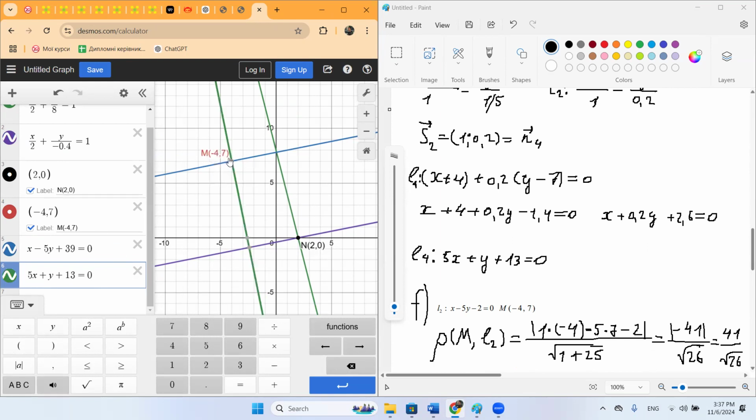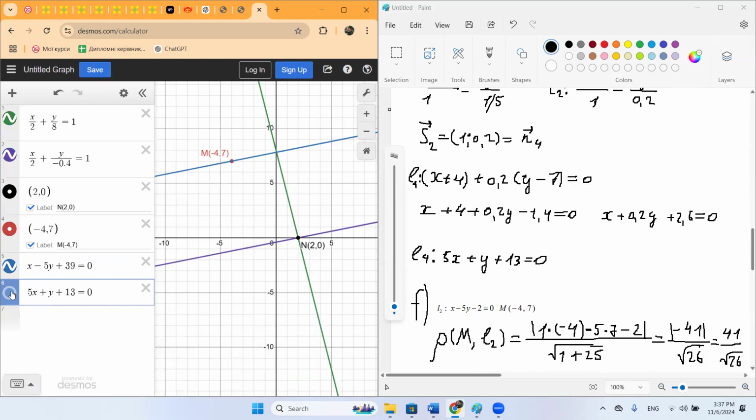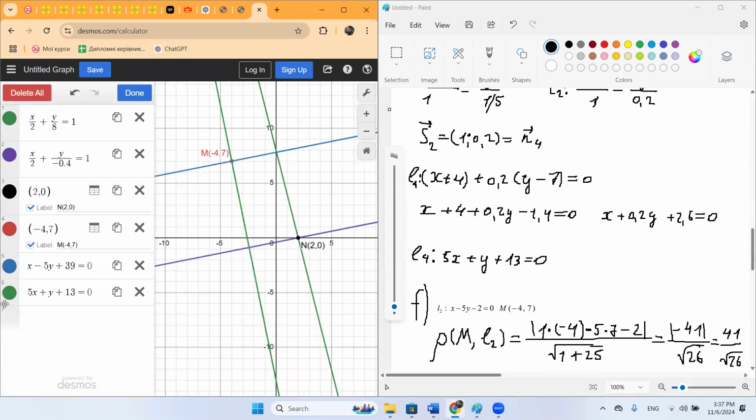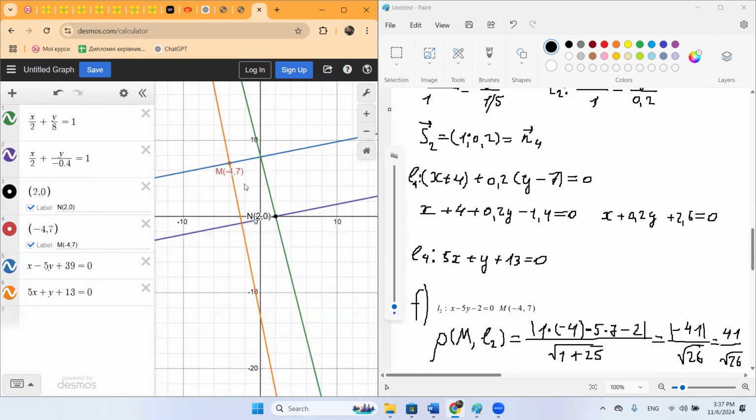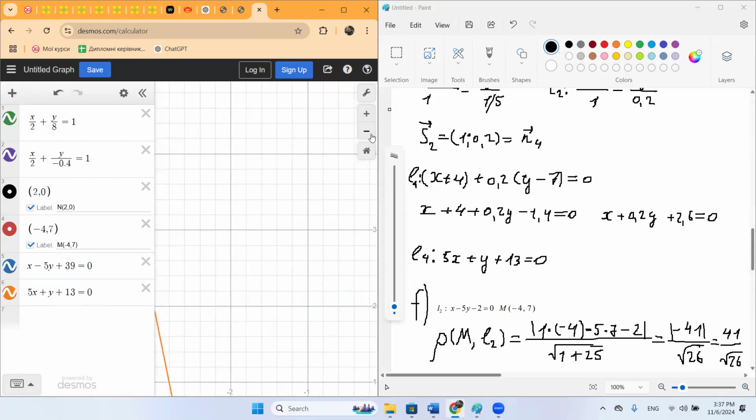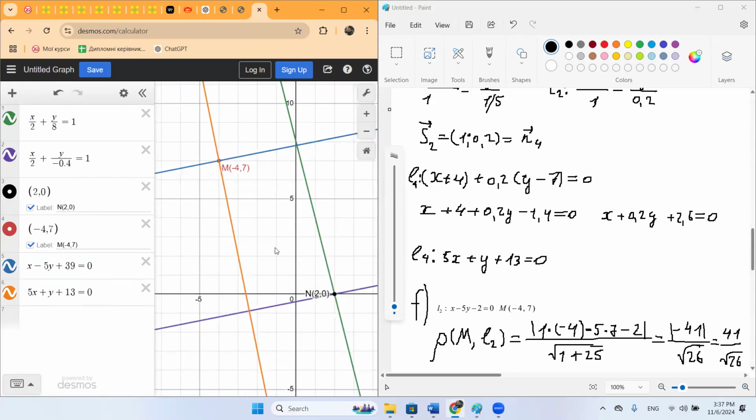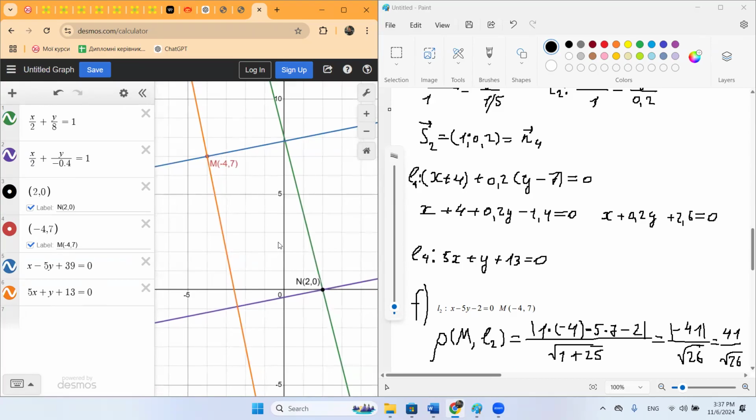It also passes through M. And let me change the color. So other color. Good. So everything is marked here. Yeah, such high sensitivity. Any questions about this task?